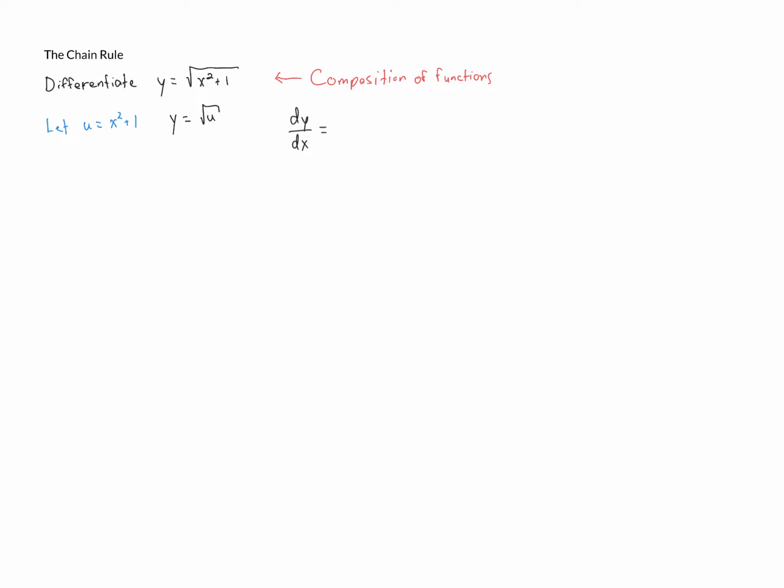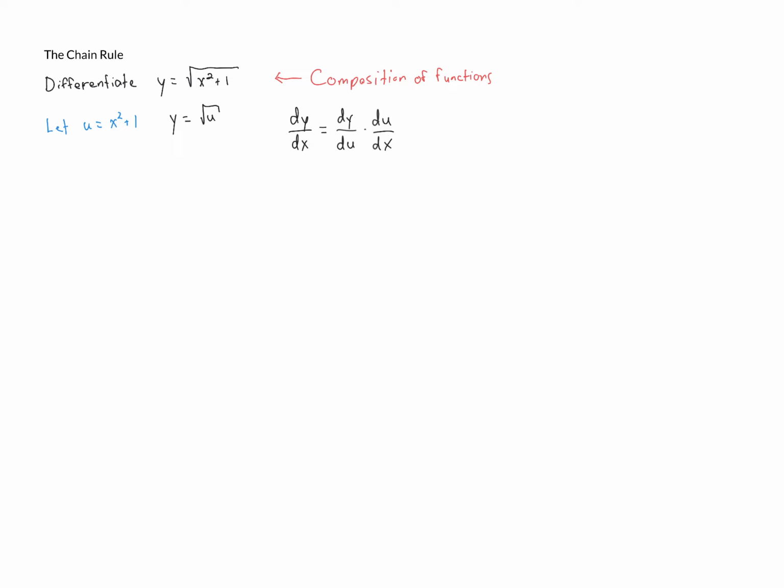And what the chain rule says is, if we have a composition of functions here where we can write y as a function of u and then u as a function of x, then dy over dx is equal to dy over du times du over dx. Meaning we can differentiate y with respect to u, and then we can differentiate u with respect to x and multiply those things together.